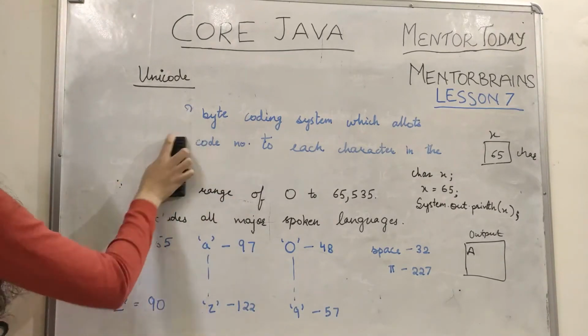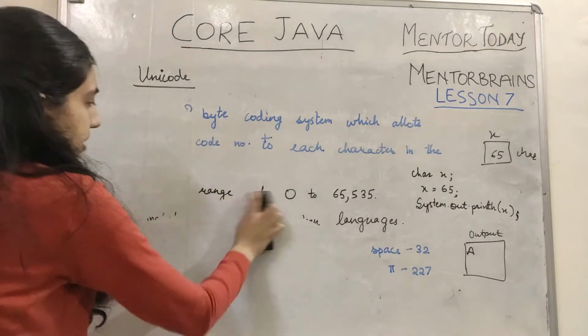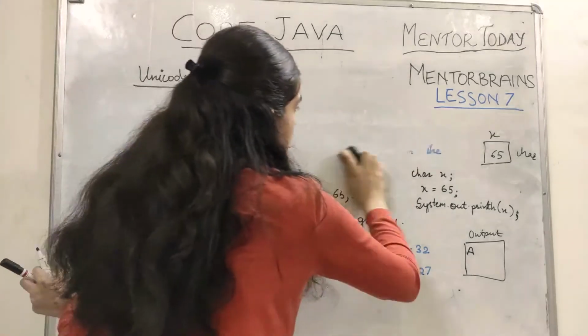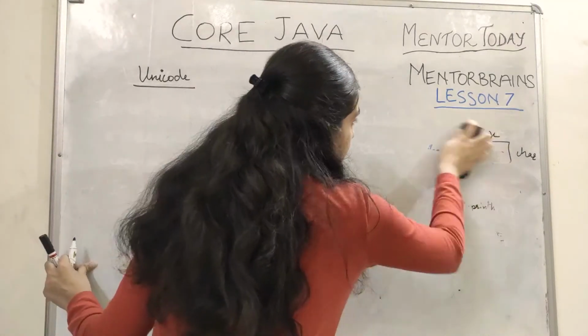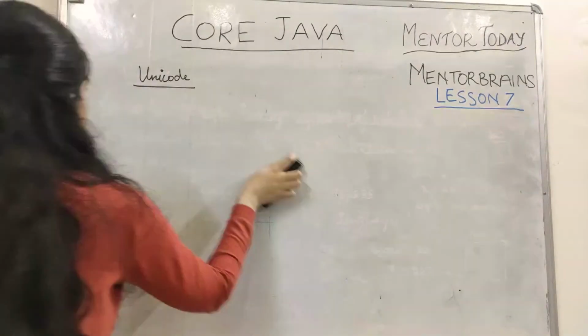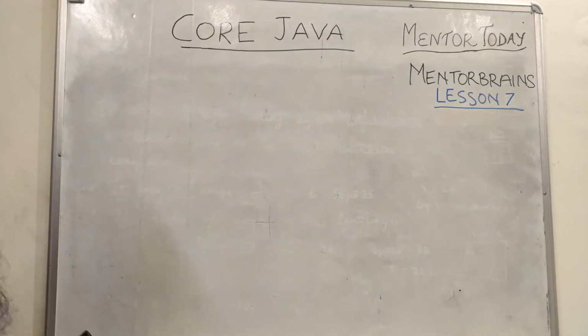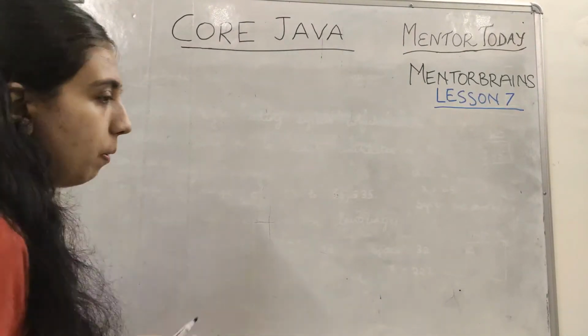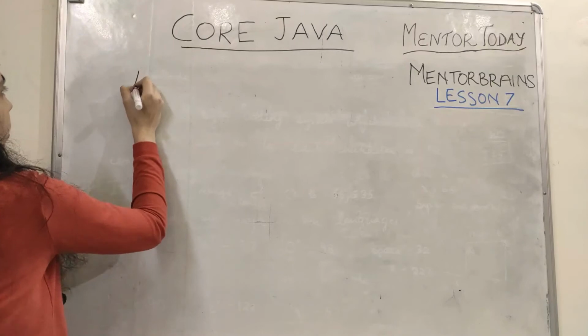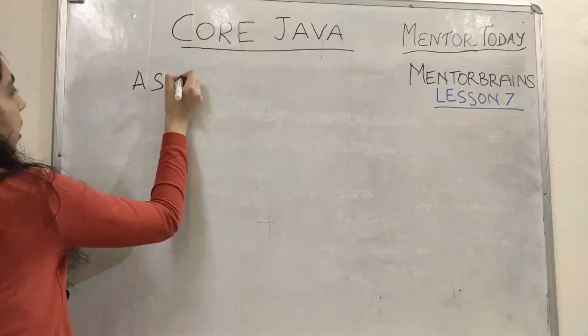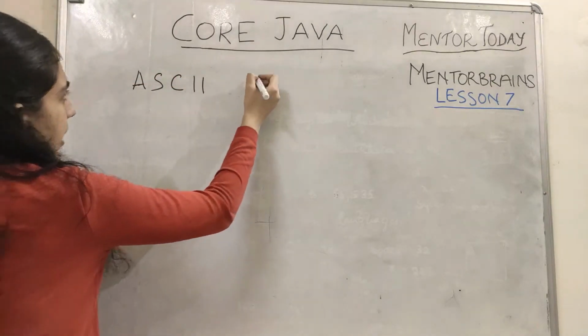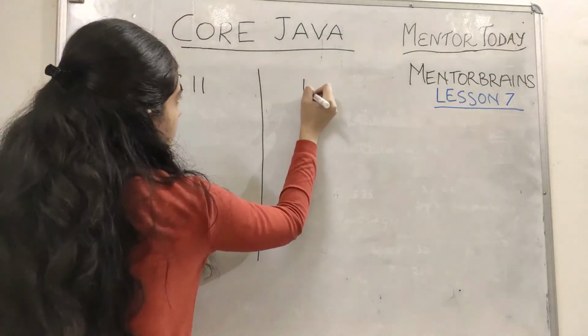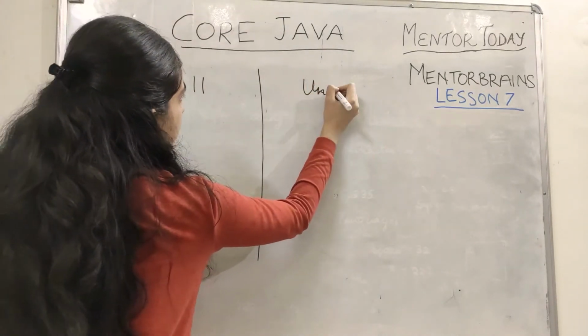Now before Unicode was there, another type of coding system was used, that's called ASCII. Let's see what's the difference. But remember, Java uses Unicode. So ASCII and Unicode, what's the difference between them?